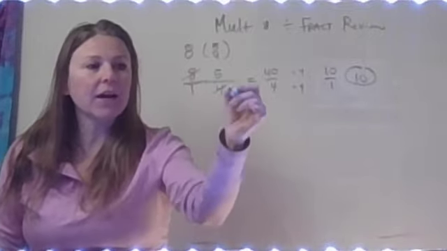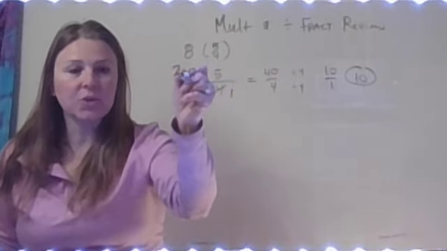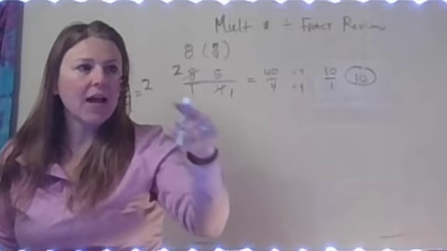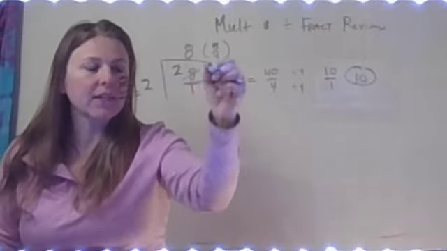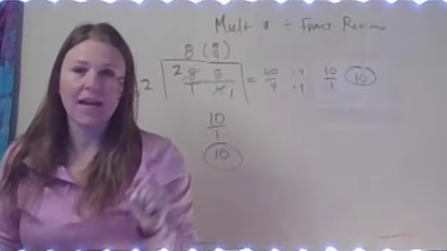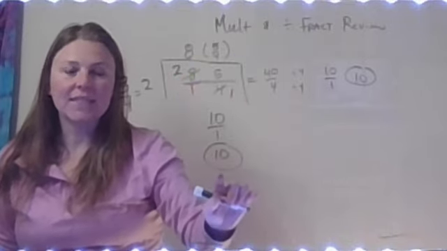But if you take a 4 out, this 4 becomes 1, and then 4 times what is 8? That's 2. So we know that 8 over 4 is 2. So now if you're looking at this problem right here, 2 times 5 is 10 over 1, and you're just left with 10. So 8 times 5/4 is 10.